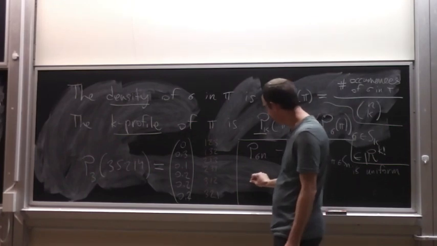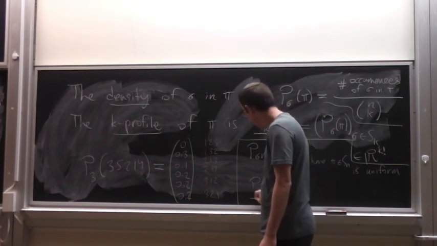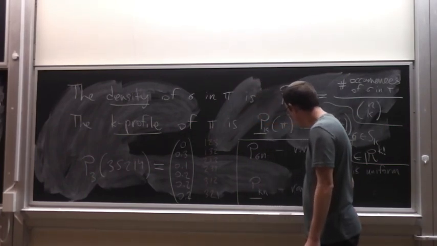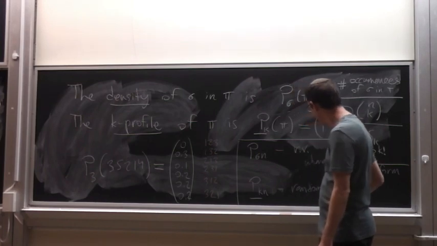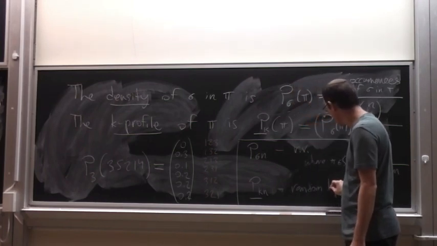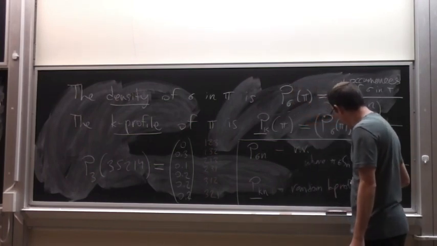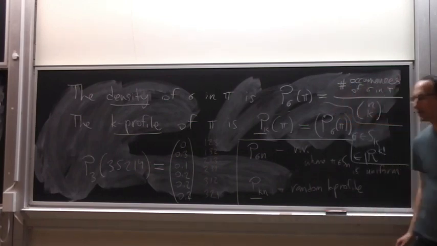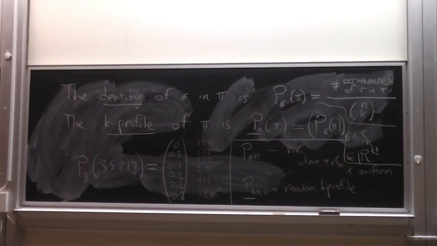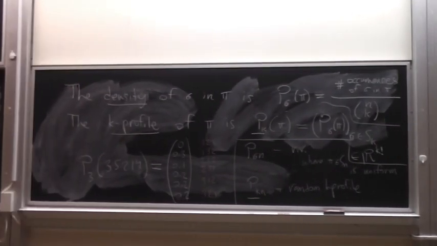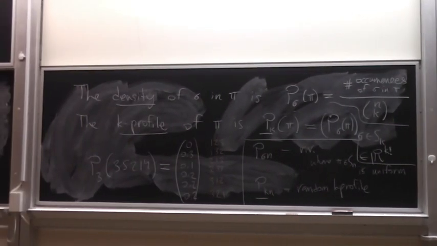Okay, and Pkn is a random vector that we're going to call the random k profile of the permutation. So what's the 3 profile of a random permutation of size n?